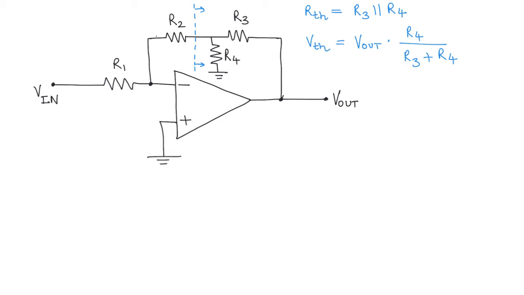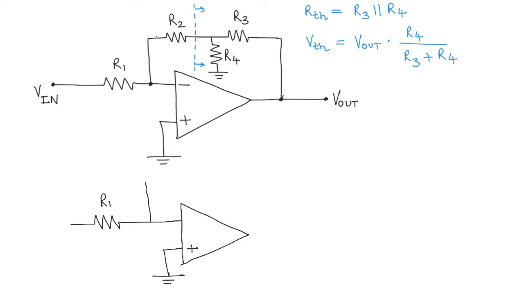So now we can replace the output part of this circuit and redraw the circuit in the following way. So we have our op amp here. The non-inverting terminal is of course connected to ground, and the inverting terminal, the input resistance is the same, it is R1, and in the feedback you have the resistance R2, but after R2 we are going to replace it with its Thevenin equivalent, and I'm just going to draw it in a different color.